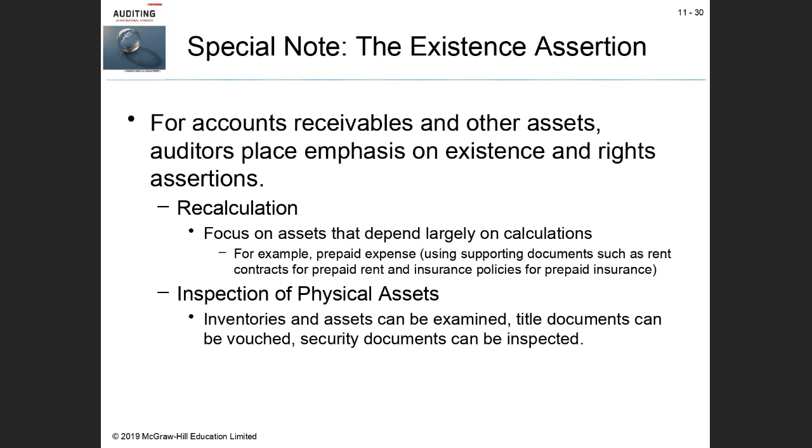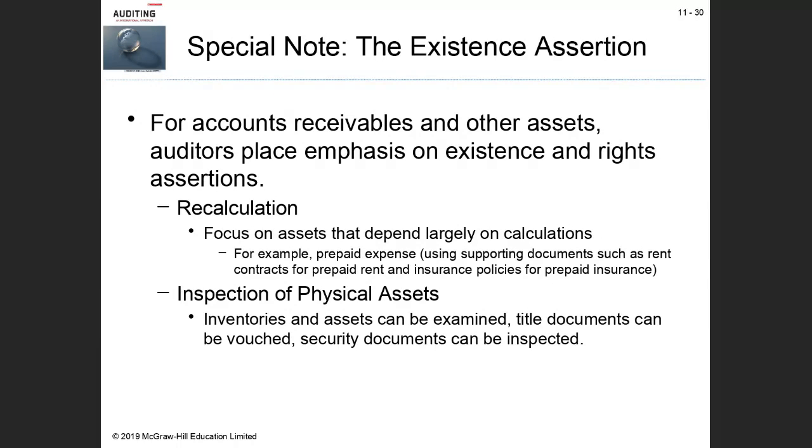Of course, with respect to existence of assets, we can also inspect, visually see physical assets. So that type of test is, of course, done typically for inventory. Or if we own buildings, where is the building? And not only where is the building, maybe we can see the building, but do we have the right to the building? Well, we want to look at documentation.